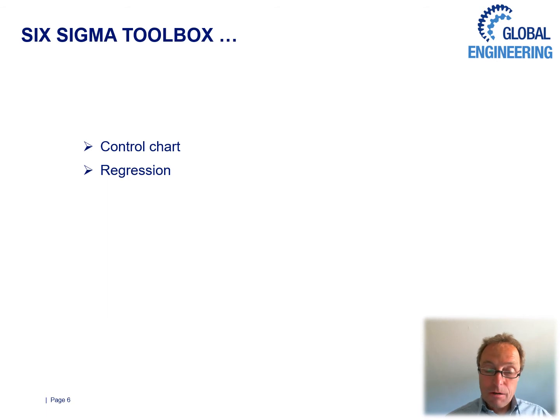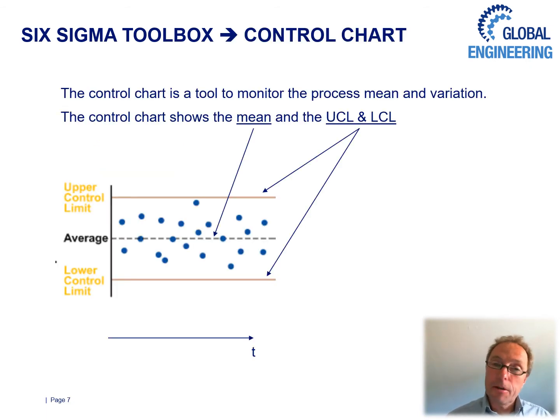Now I want to explain a little bit about the control chart, and afterwards the regression. The control chart basically is a tool to monitor the process mean and the variation. What we see here we know already from other pictures. We measure points, we measure values, and out of this we get an average.